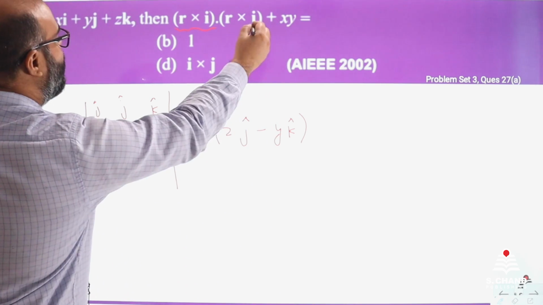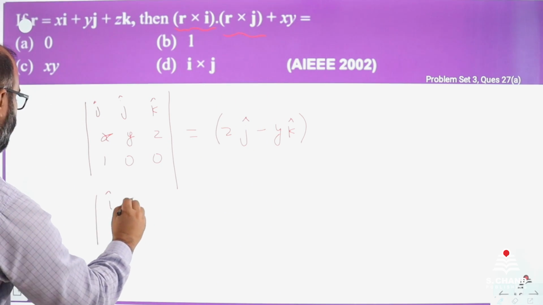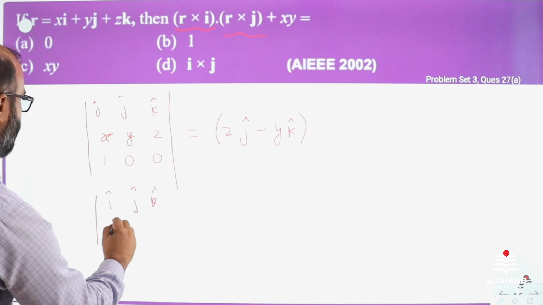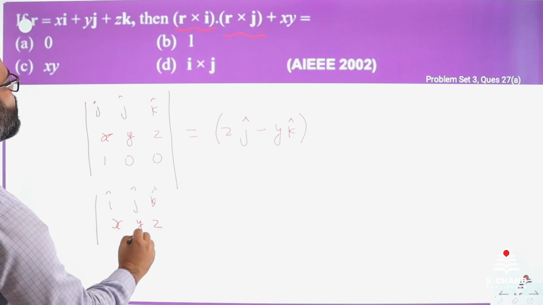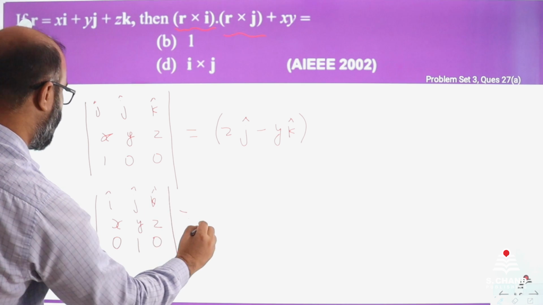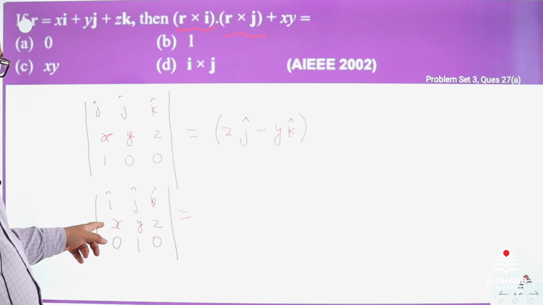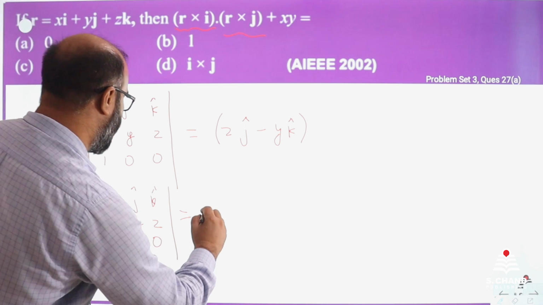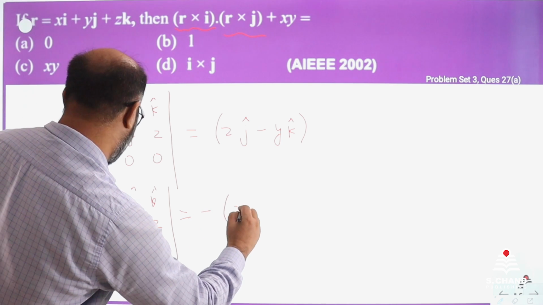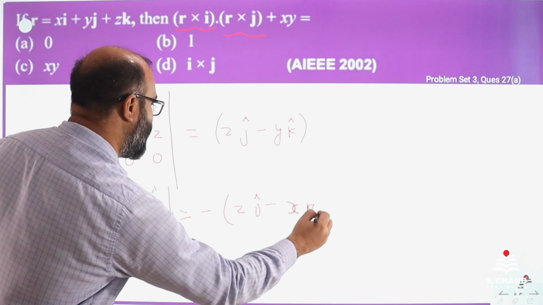If we talk about another one, R cross J, it would be I, J, K, X, Y, Z, 0, 1, 0, which is equal to Z I cap minus X K cap with a minus sign, like this.